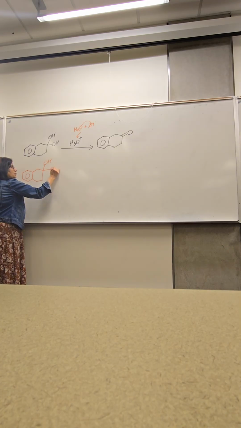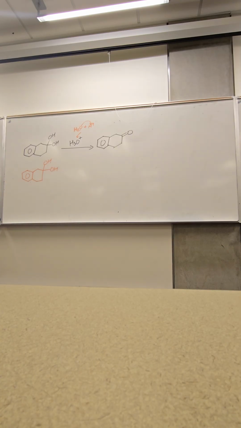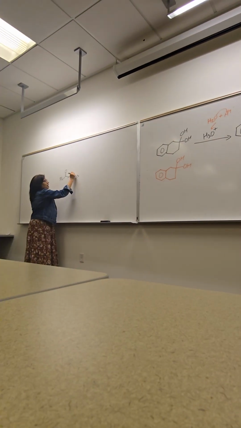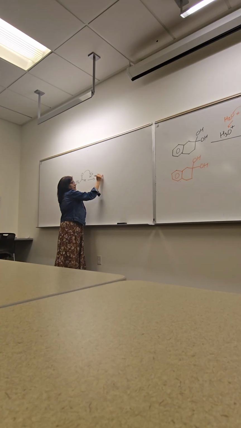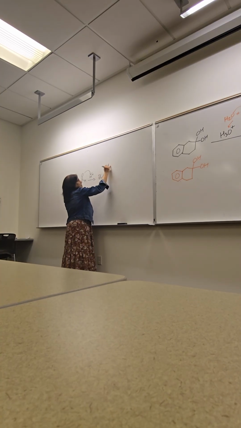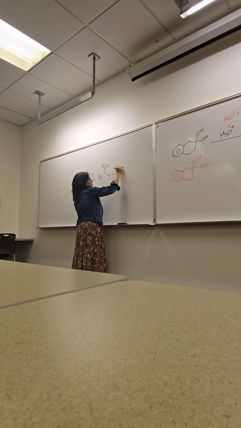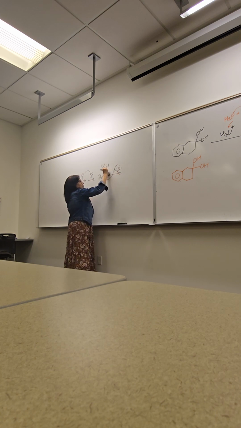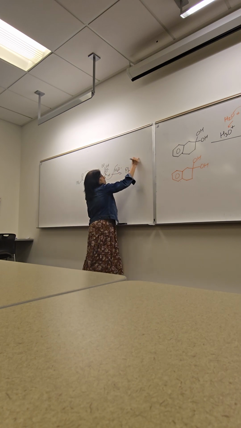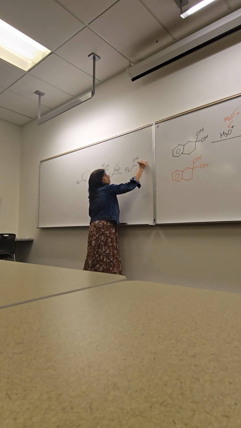So notice, maybe I shouldn't have erased that. When we were writing the mechanism earlier for, what was it? Benzaldehyde? Yeah, benzaldehyde. We wrote the first step where this gets protonated, right? Yep. And then the nucleophile attacks and becomes, and then what?